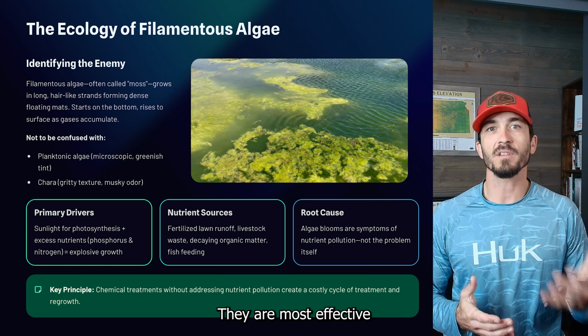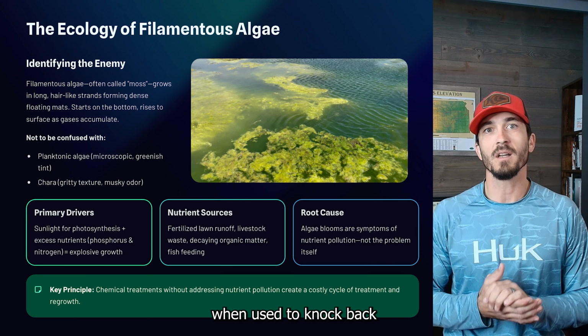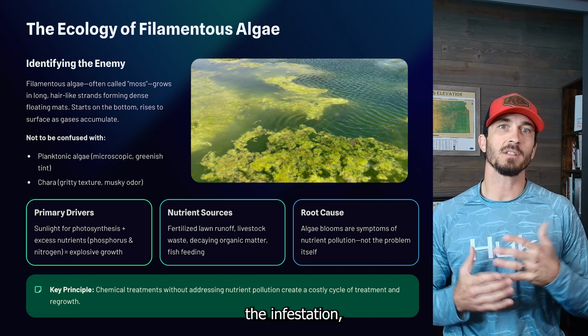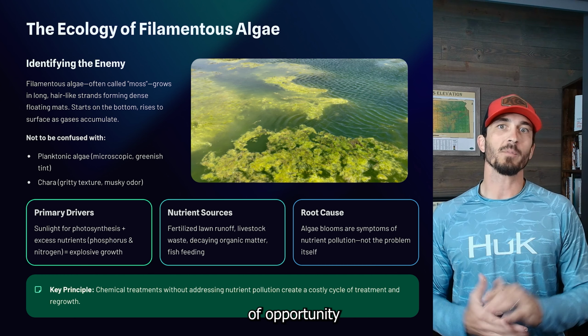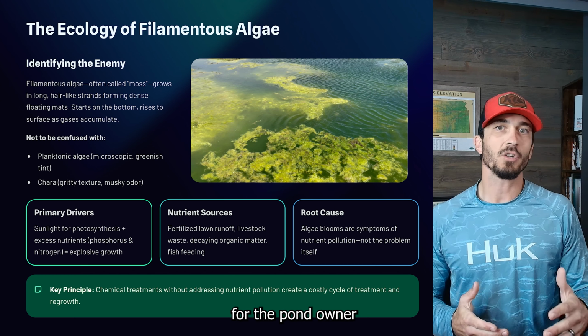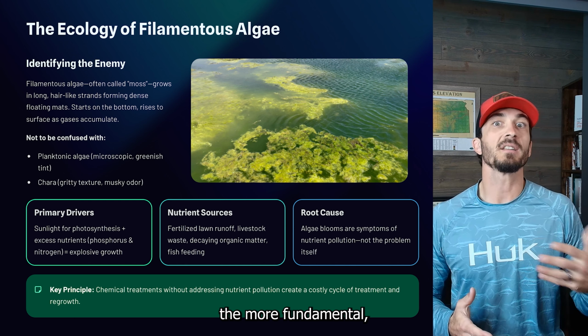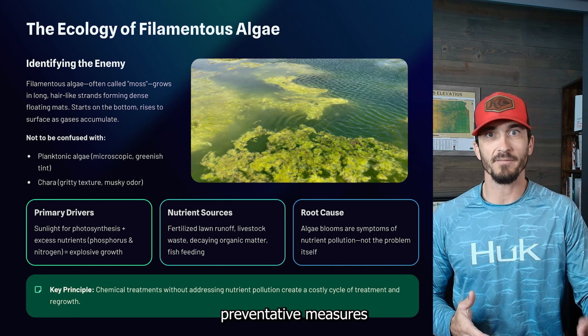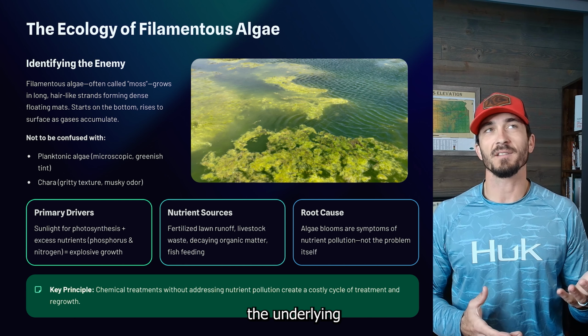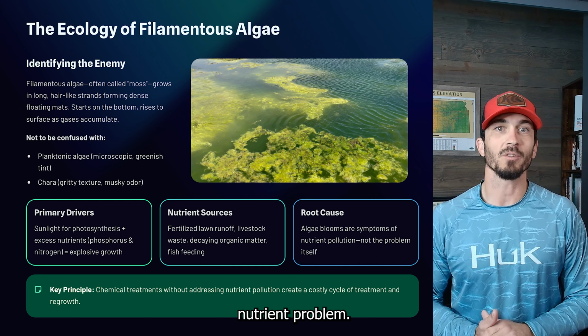They are most effective when used to knock back the infestation, creating a window of opportunity for the pond owner to implement the more fundamental long-term preventative measures that address the underlying nutrient problem.